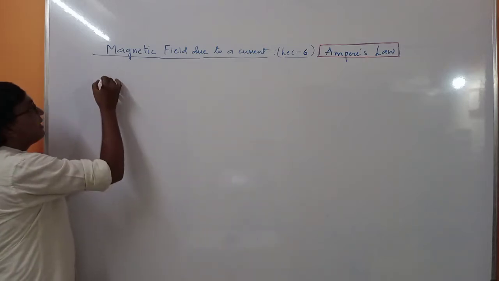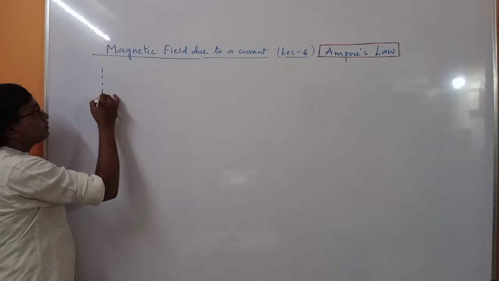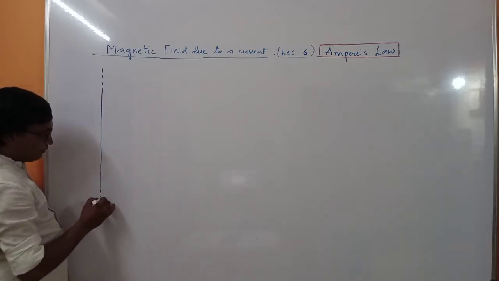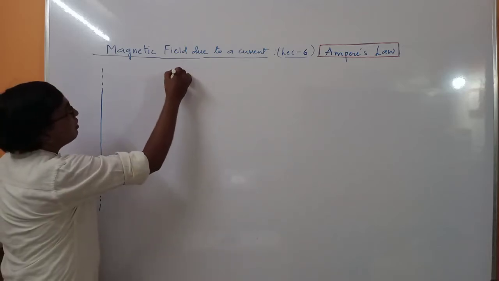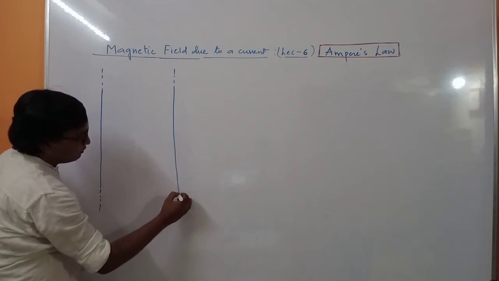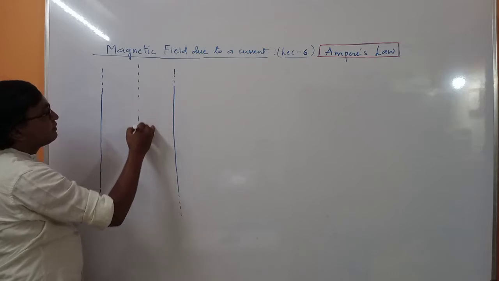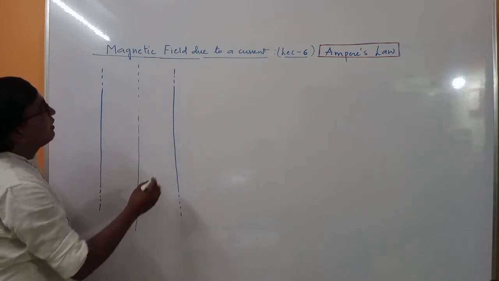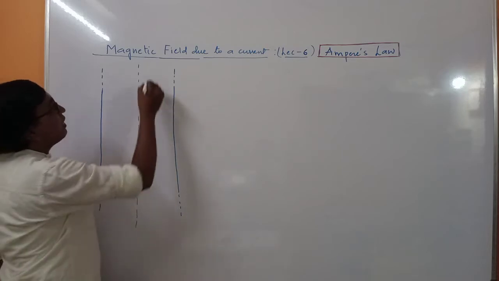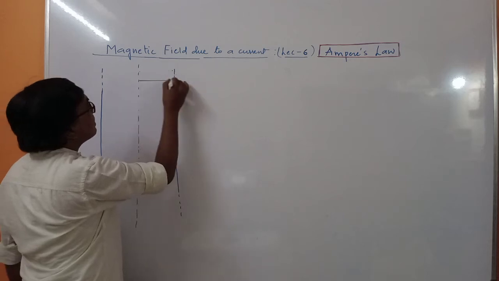So let us take a long cylindrical wire. So this is a long cylindrical wire, whose radius let us take as 4r.